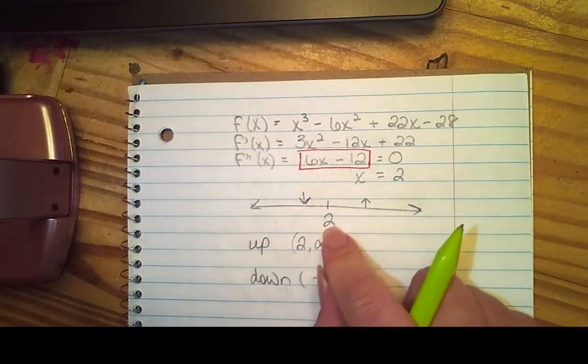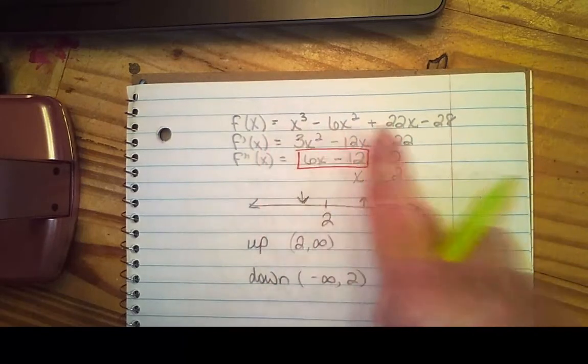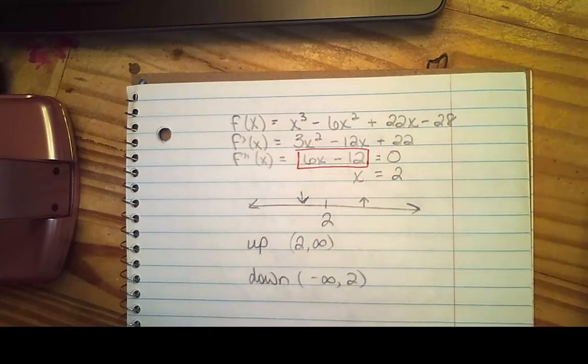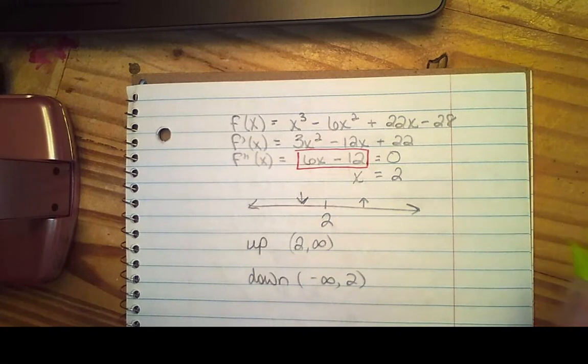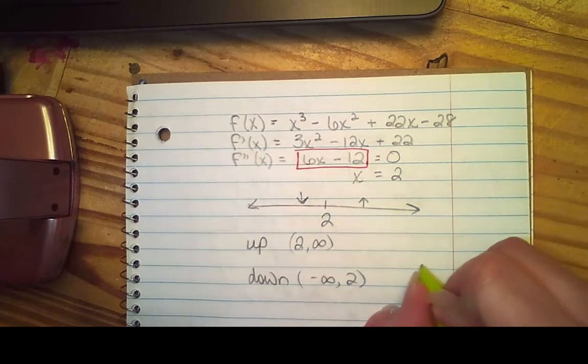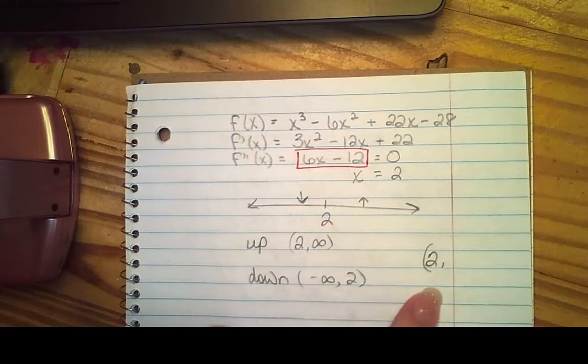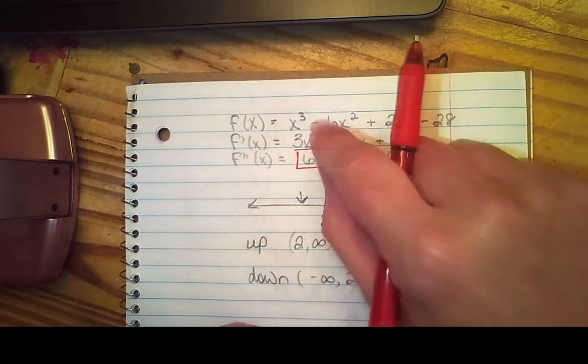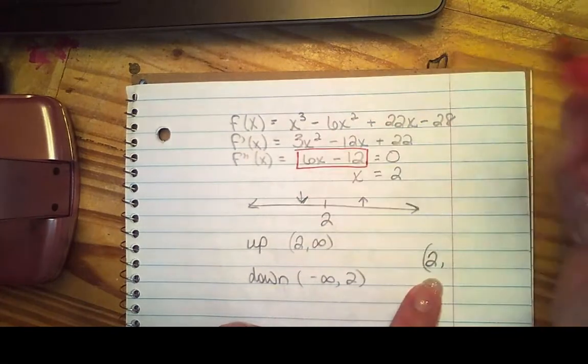And because 2 exists in your domain, okay, it's not an asymptote or anything like that, I've got a point of inflection at 2. So my point of inflection is going to be 2 comma something. Well, anytime you need to know a y coordinate, go back to your original function.